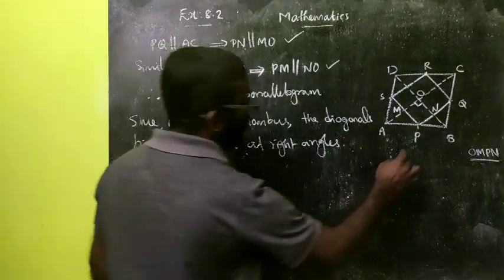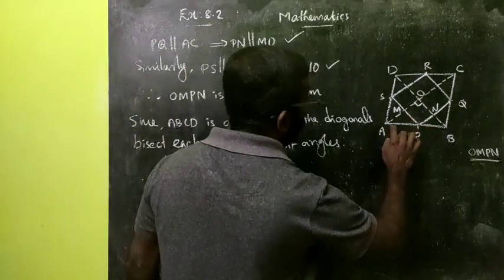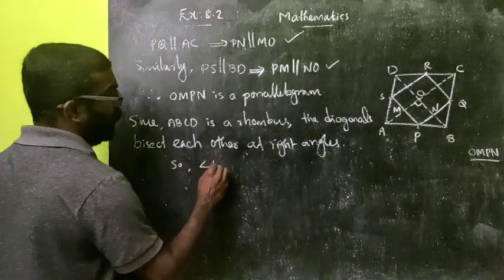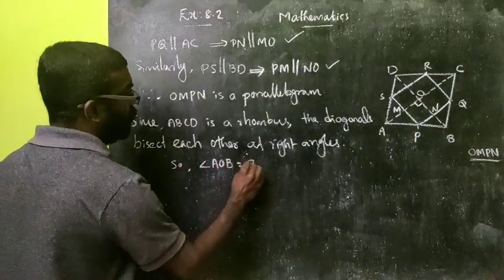So here we can take the angle AOB equal to 90 degree.